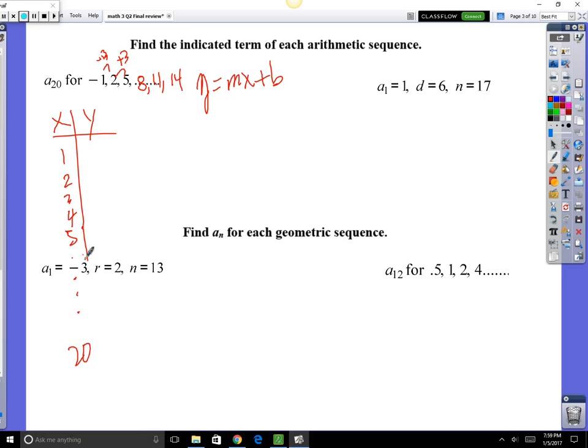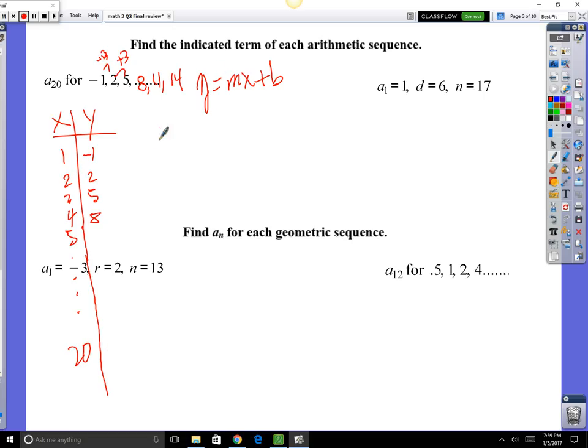The first gives you -1, the second gives you 2, the third gives you 5, the fourth gives you 8. You can use the model to skip around real fast. You can just add 3 and figure it out yourself, or you can use the model to skip ahead.